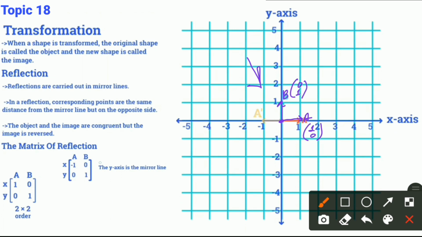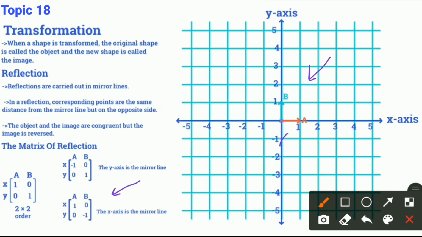If you make a reflection in the y-axis, then A will be reflected here, so the column vector will be (-1, 0). And if you make a reflection in the x-axis, then the reflection of B will be here, and the column vector will be (0, -1). Okay, there's a difference. So this is the matrix.